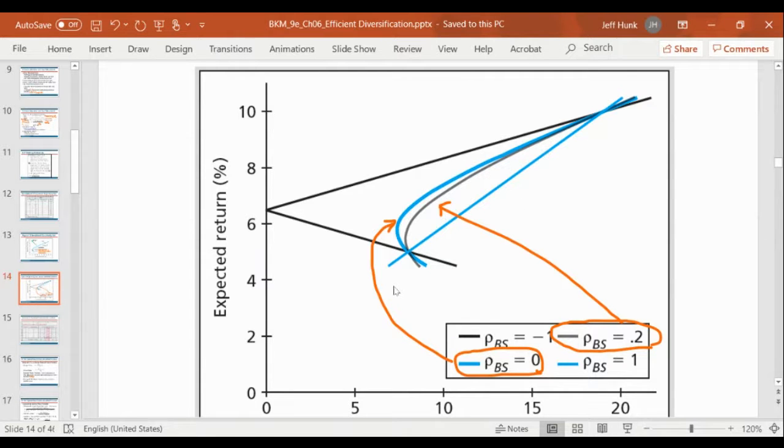There's no effect of diversification. It's just a straight line. And when the correlation is -1, it's going in completely opposite direction, right? One will represent stock, the other one will represent bond, right? So they are completely in opposite direction.